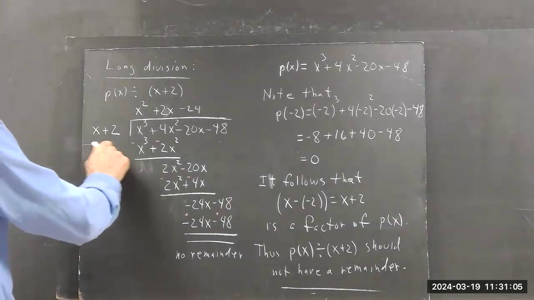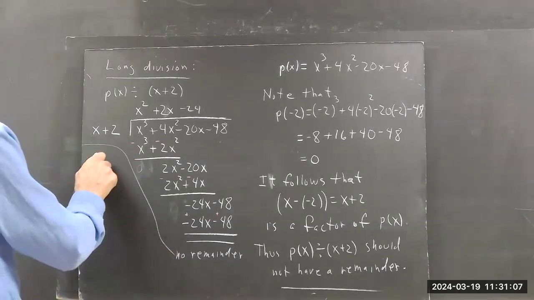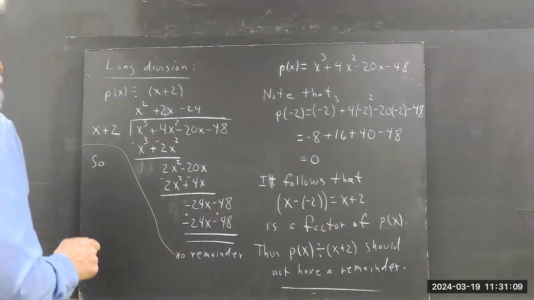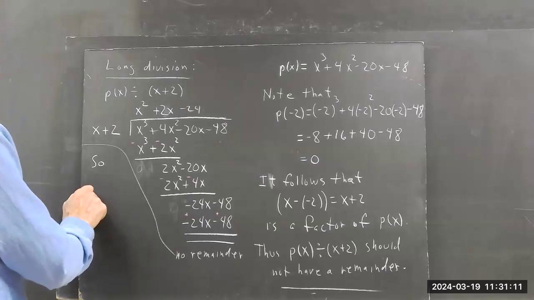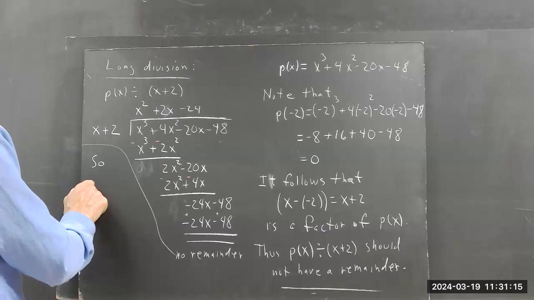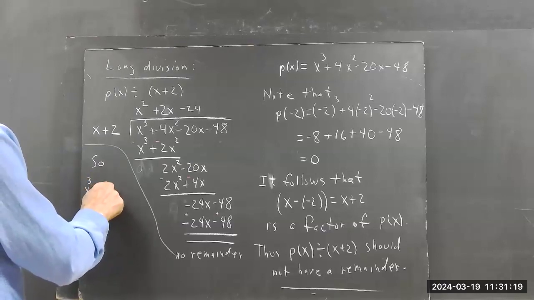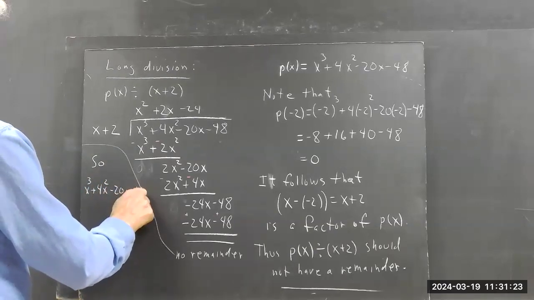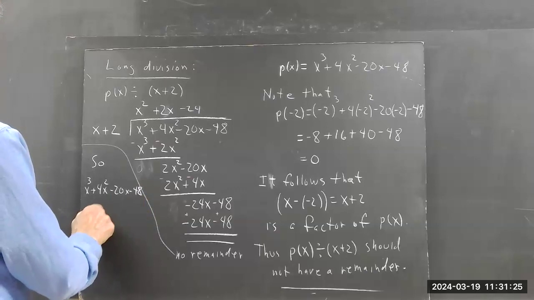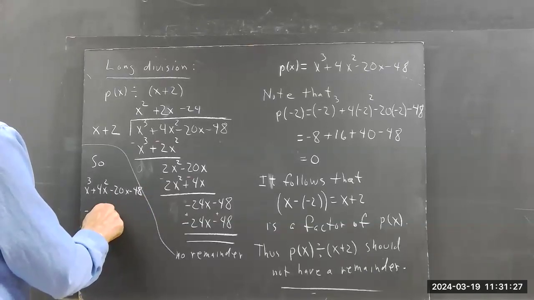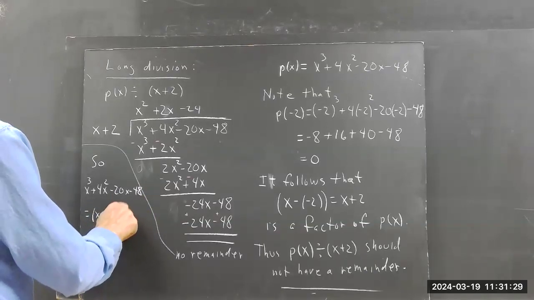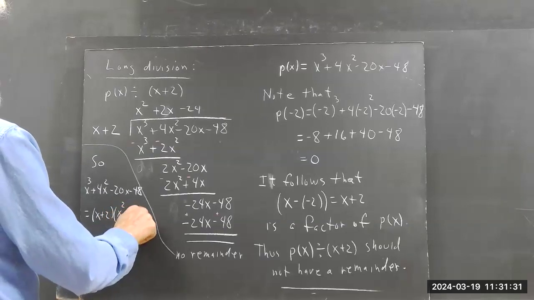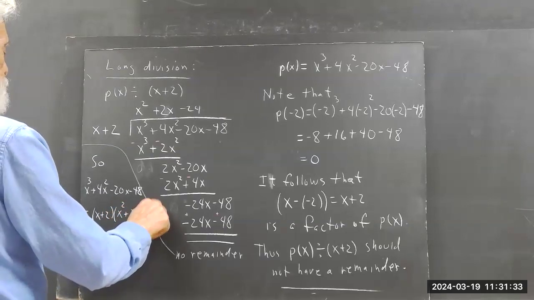Okay. So x cubed plus 4x squared minus 20x minus 48 equals x plus 2 times x squared plus 2x minus 24.